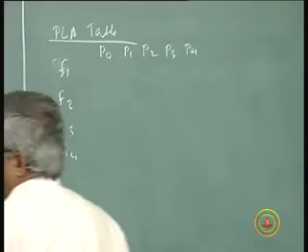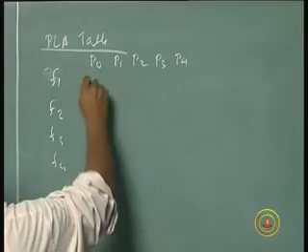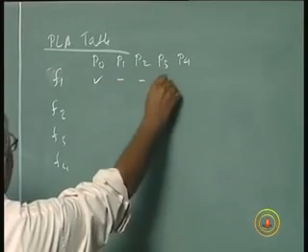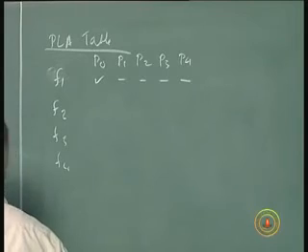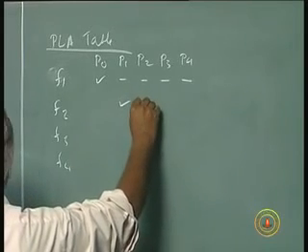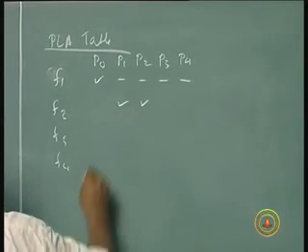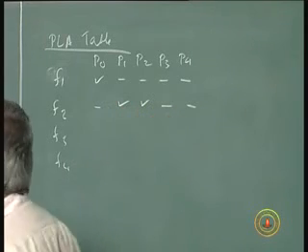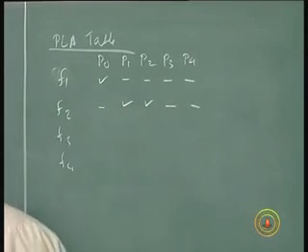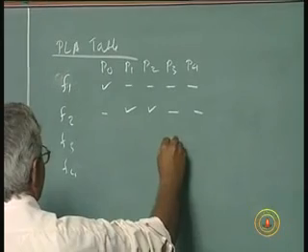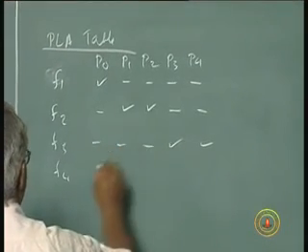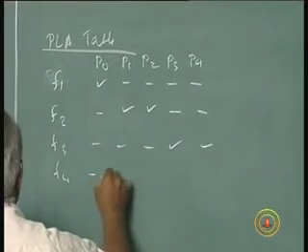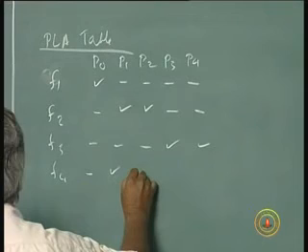So F1 will have only P0. F2 would be P1 and P2, correct? F3 is going to be, tell me, F3 is P3, P4. F4 would be P1 and P4.